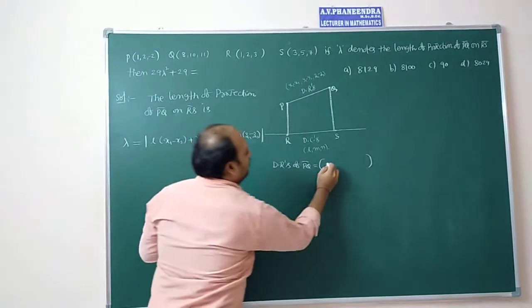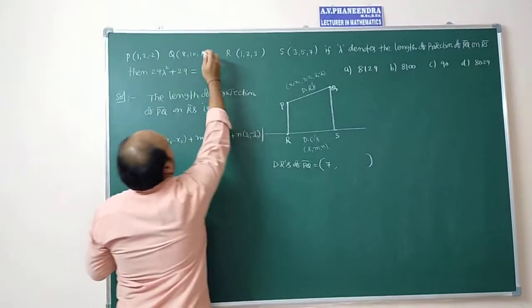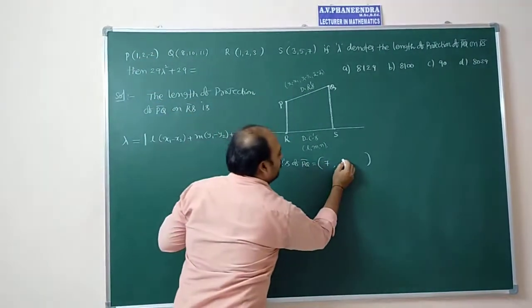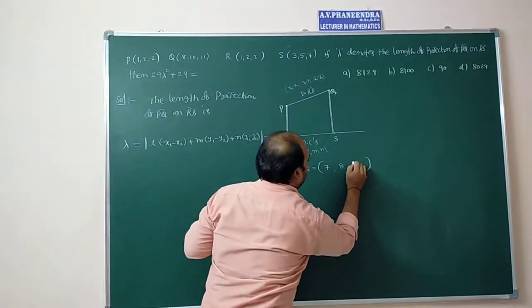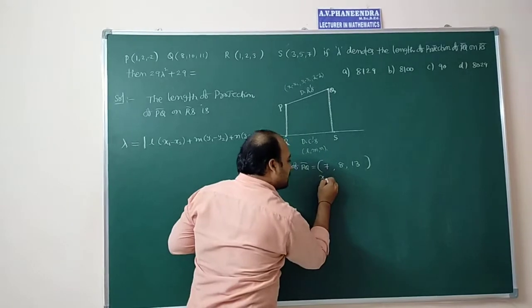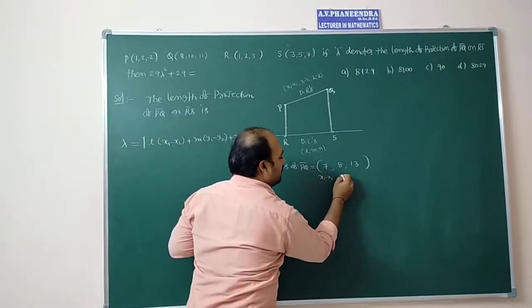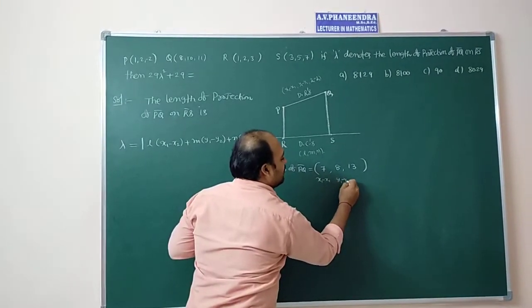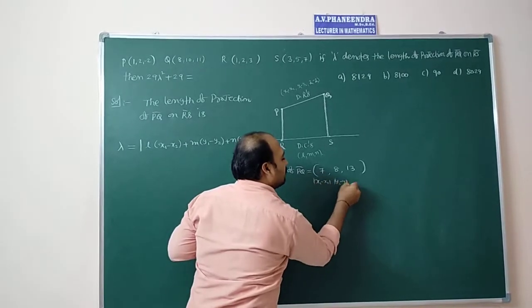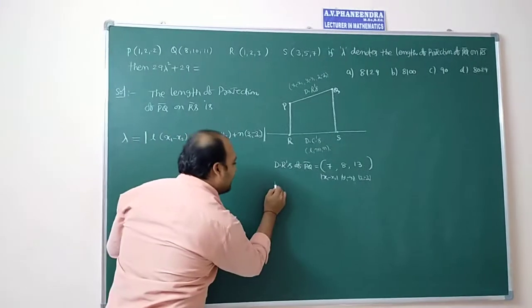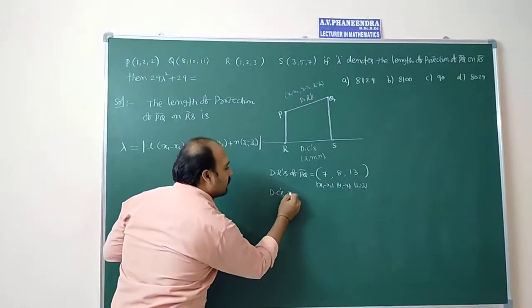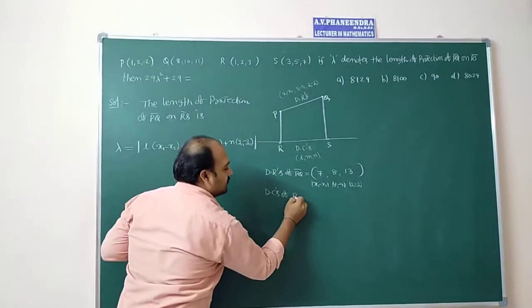8 minus 1, 10 minus 2, 11 minus of minus 2, 11 plus 2, 13. This is x1 minus x2 or x2 minus x1, y1 minus y2, z1 minus z2. Next, the DCs of RS.